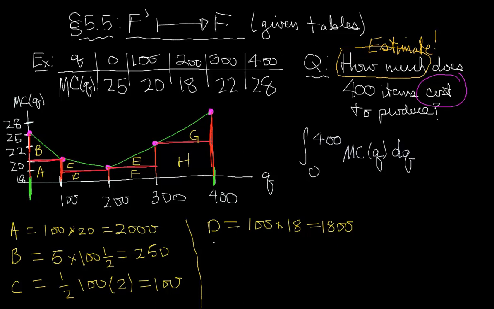Alright, so far so good. E is going to be a triangle, so that's 1/2 base, which is 100, times the height, which now is going to be 22 minus 20, which is 2. Oops. Actually, it's going to be 22 minus 18, which is 4.